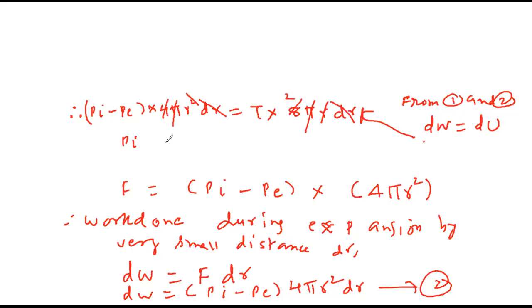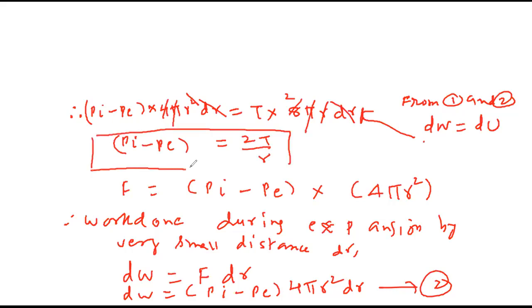Therefore P internal minus P external is 2T upon R. Done, sir.